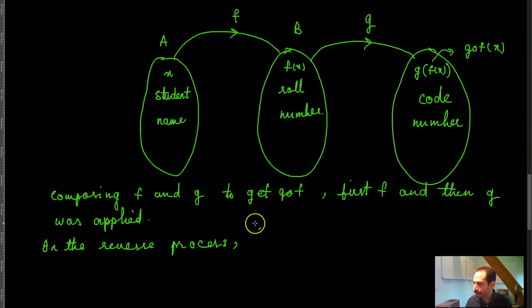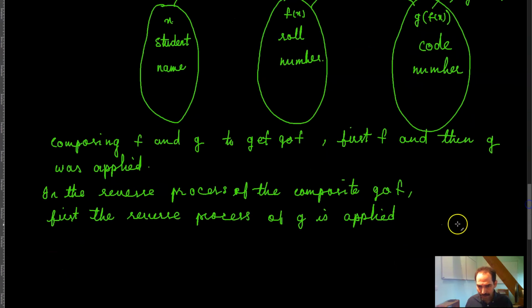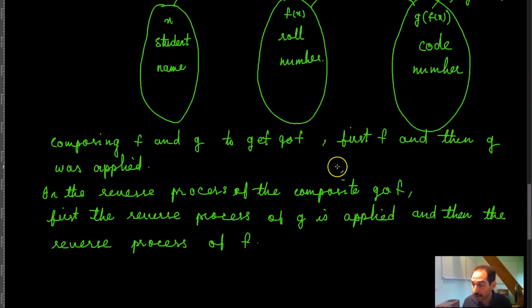So in the reverse process of the composite g o f, first the reverse process of g is applied, and then the reverse process of f. So these two are important here.